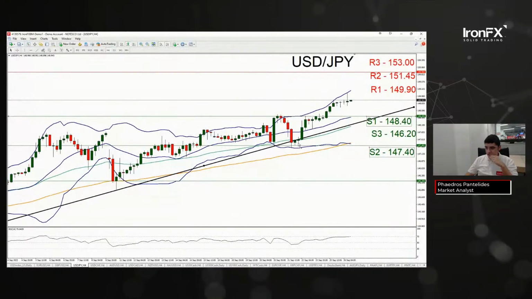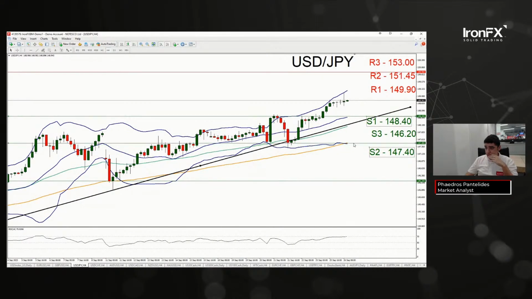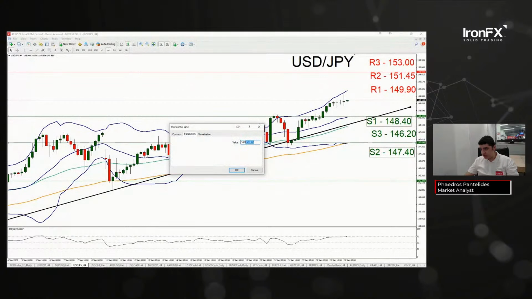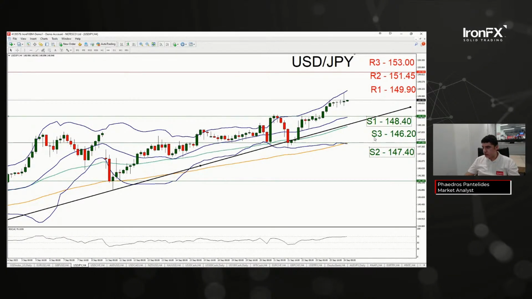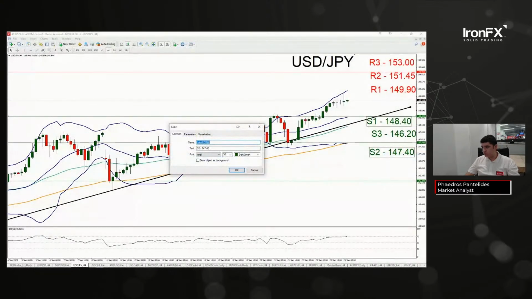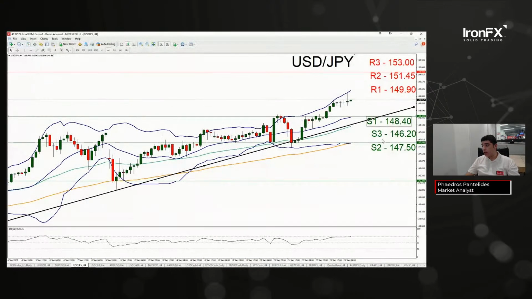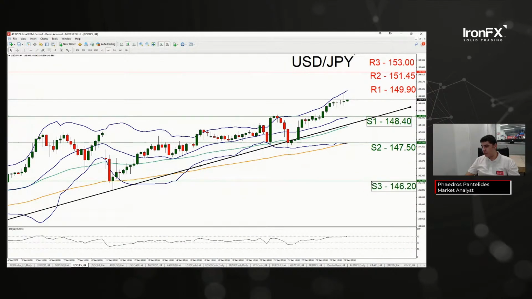Based on the recent data, we could actually just bring it slightly higher, at this point here, at the 147.50 mark, a slight readjustment for S2. And then we're keeping S3 as it was previously, 146.20. So we're going to be moving on from this pair.